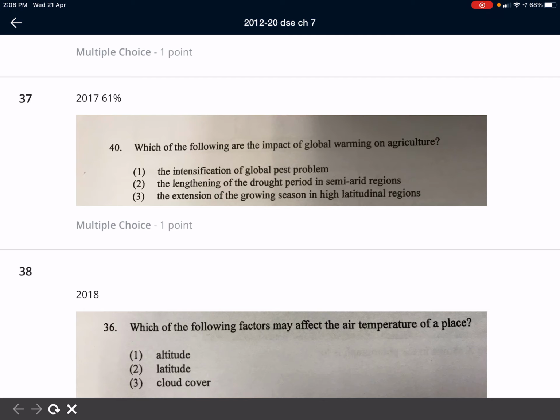How about number 3, the extension of the growing season in higher latitude areas? This is also correct, because with a warmer climate the frost-free period will be longer, since the temperature of the place will be higher. So number 1, 2 and 3.